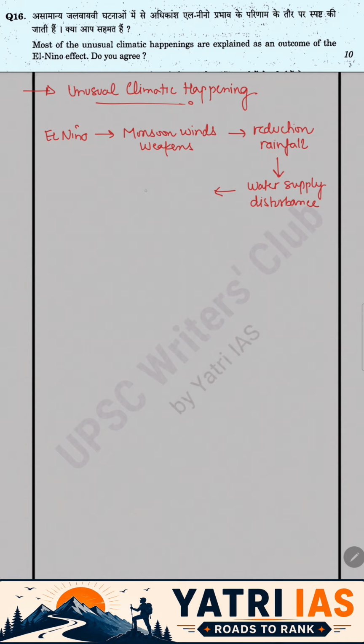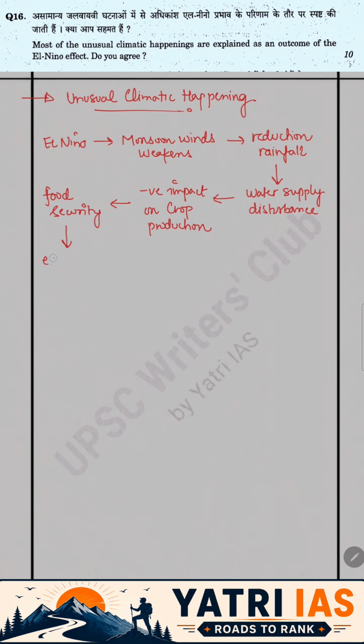That leads to very negative impact on crop production, which disturbs our food security. With food security disturbing, you see huge impact on economy. So this is the cascading effect of El Nino. These are all pointers, no? 1, 2, 3, 4, 5, 6.